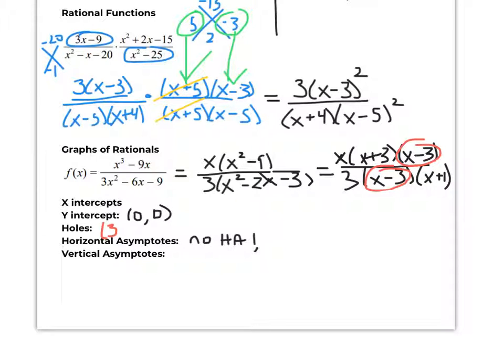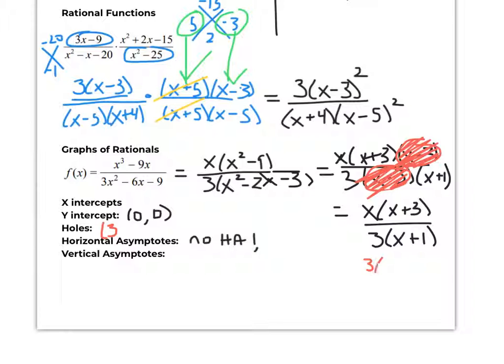So now, once I see that I have a hole, I have to find the coordinates of that hole. I'm going to write what I had left, which is x times x plus 3 over 3 times x plus 1. To find the y-coordinate of my hole, I'm going to plug in the x value I found, which was 3, for x.